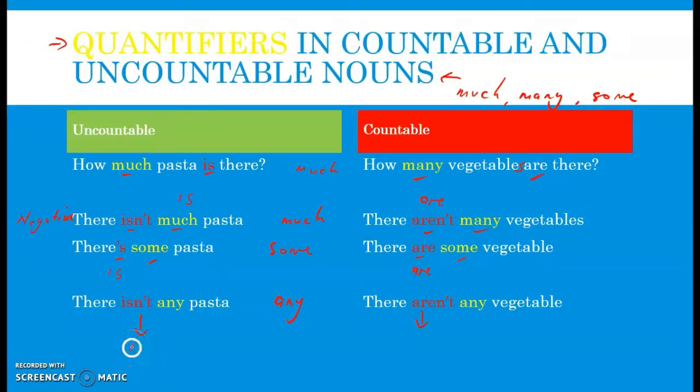The uncountable uses is, which indicates that it is singular, and for the countable we use are. Okay, those are the differences in terms of quantifiers for countable and uncountable nouns.